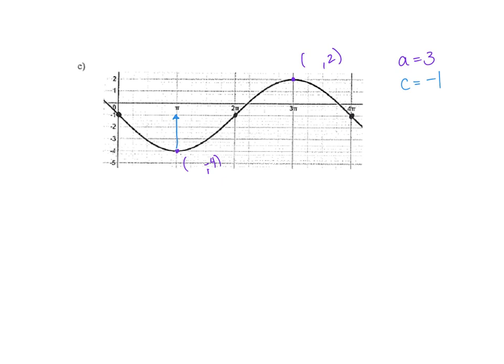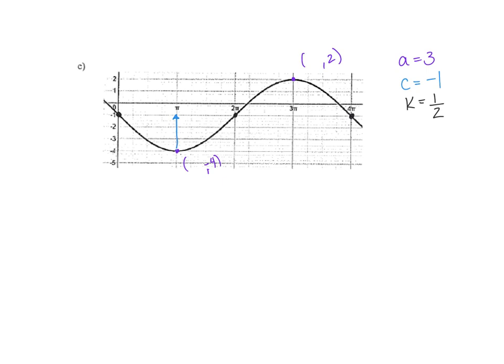The next piece of information, if I think about what's happening to my horizontal stretch, has it been horizontally stretched? Well, we can tell that a full rotation is going to take us to 4 pi. So we know our graph has been horizontally stretched by a factor of 2, which means when we go to write that k value, our k value will be 1/2.